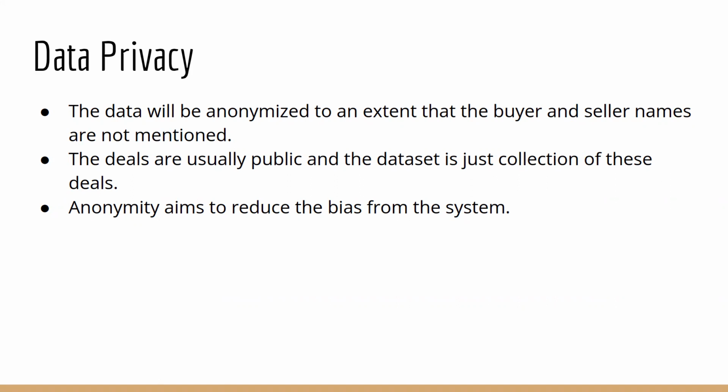So the dataset is just the collection of these deals, and the anonymity aims to reduce the bias from the system, so that we don't have these names in the features, for example the buyer name or seller name, so that the model doesn't have cheaper prices for some buyers and expensive prices for some other buyers. So reduce those price biases.